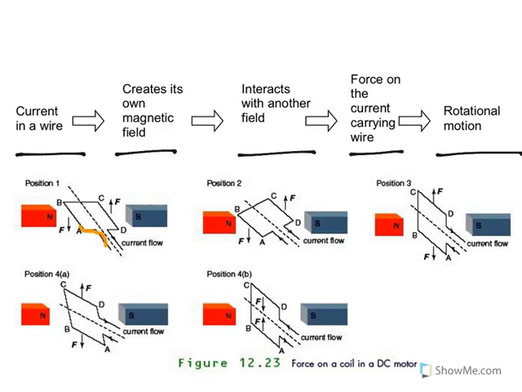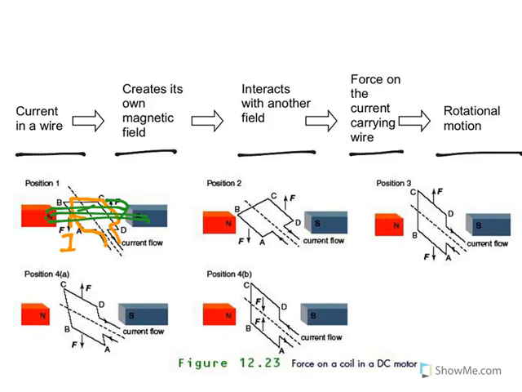Alright, so if we have a look at this other diagram, here's our current flowing through our coil going in that direction. We've then got the permanent magnet, so we've got magnetic fields going across there like that. So that's the current flowing that way, and if we use our I to B, force rule, it gives the direction.